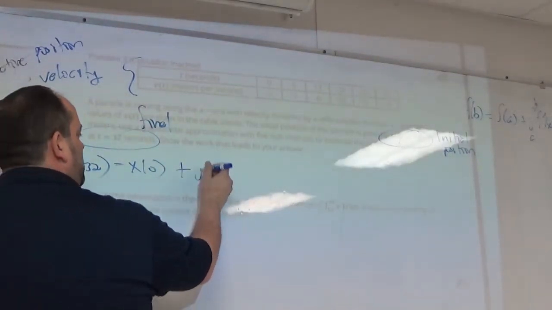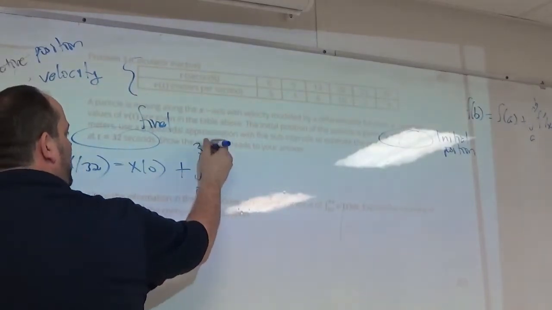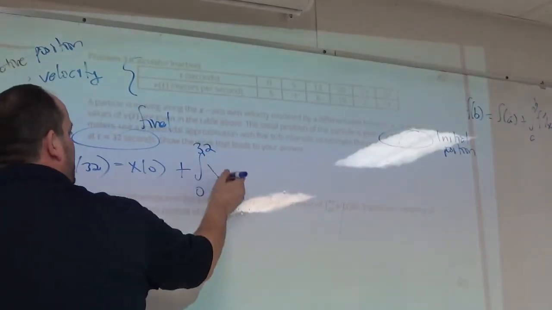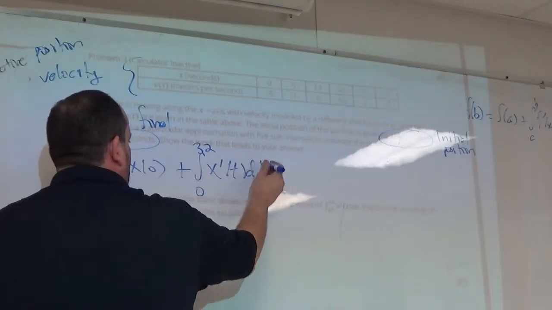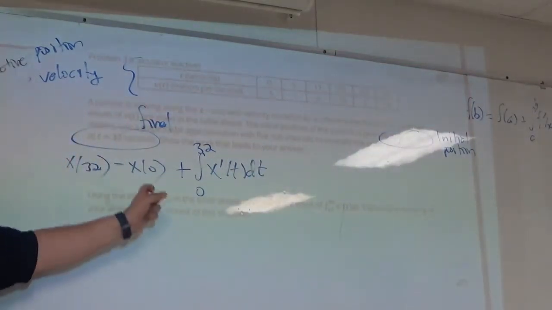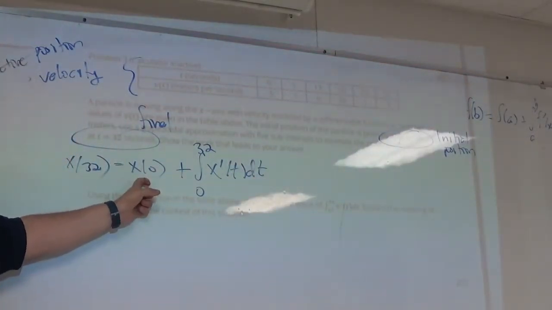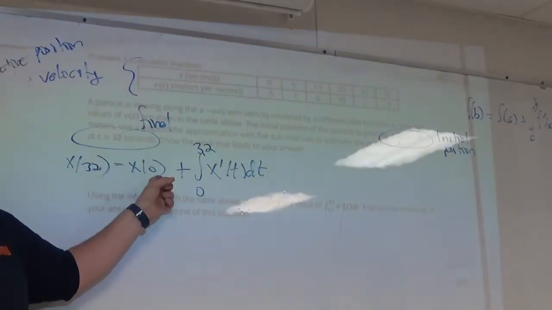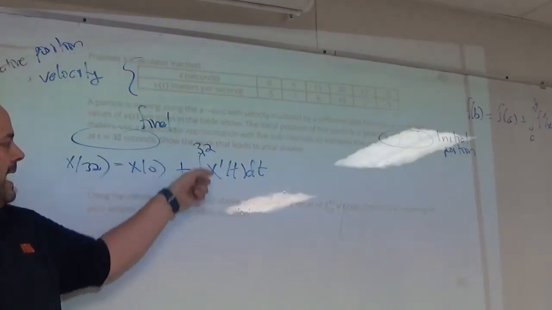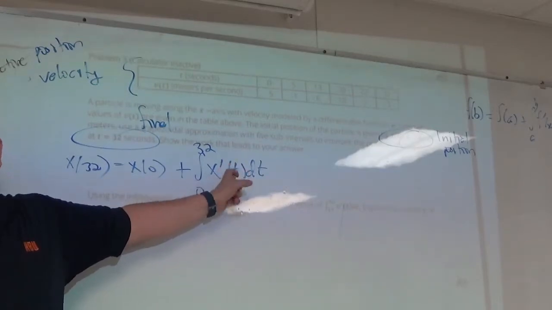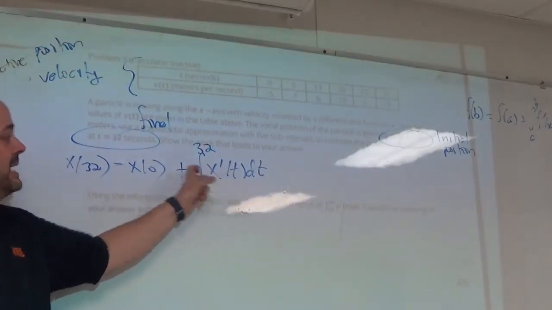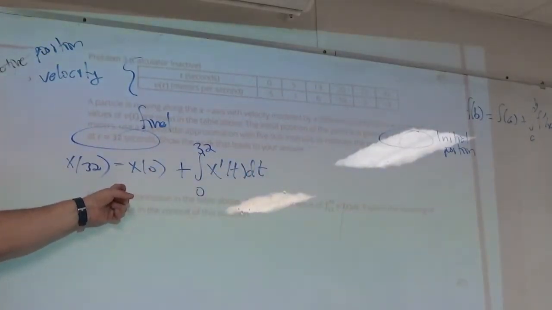Final is equal to the initial plus your change from 0 to 32 of, I'm going to write it this way so that it looks just like your fundamental theorem of calculus. F of b equals f of a plus the integral from a to b of the derivative. It has to be that the integrand is the derivative of this function out here.